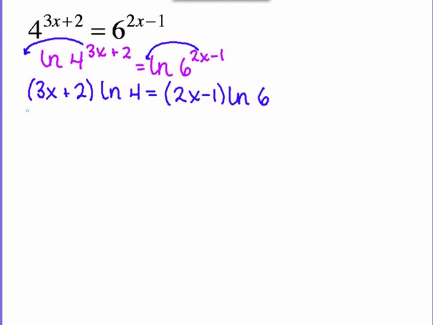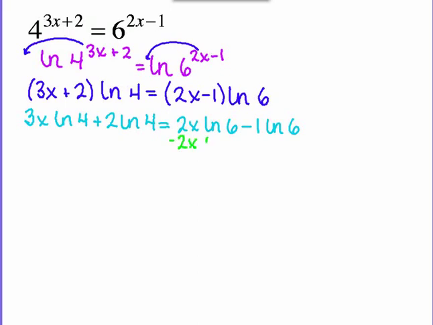So now I've got 3x ln of 4 plus 2 ln of 4 equals what, folks? 2x ln of 6 minus 1 ln of 6. What do you do now? Yep, get the x's together and get the other numbers together.